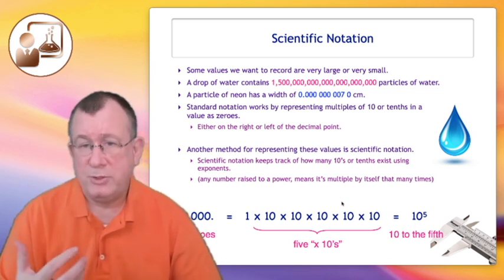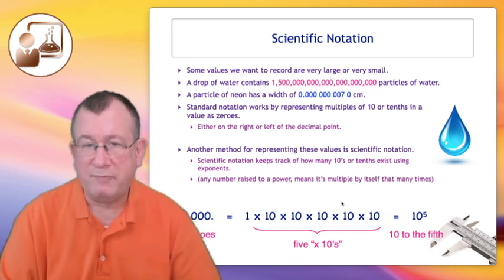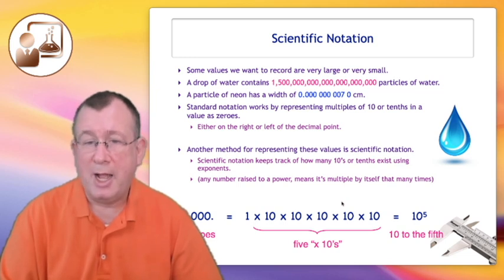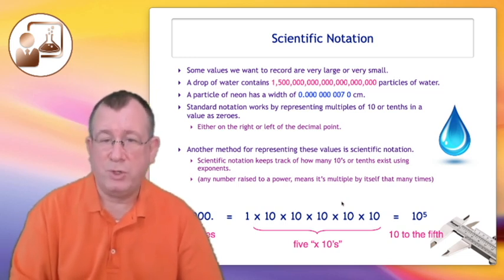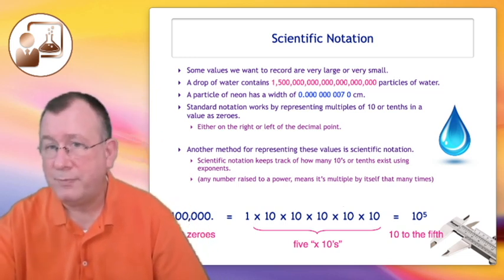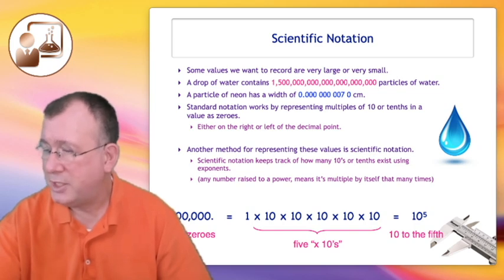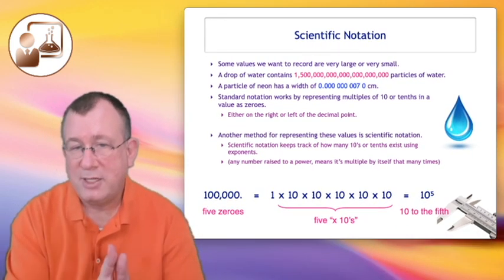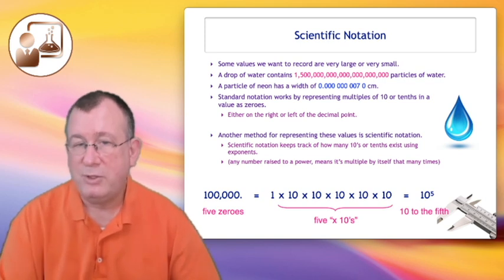you use it to record really big numbers, like how many atoms in a drop of water, or really small ones, like what is the width of an atom. The way scientific notation works is you take a look at how many zeros you are working with here, and you factor them out.